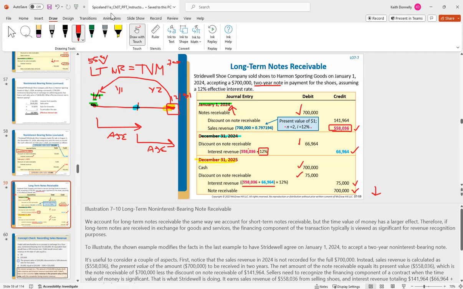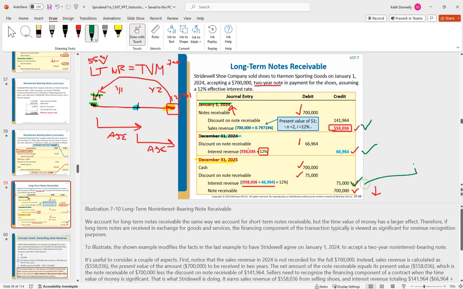558,036. You start with this guy, you add to it 66,964. That's great, where it's 625,000. And then you add to that the remaining 75,000 over here.